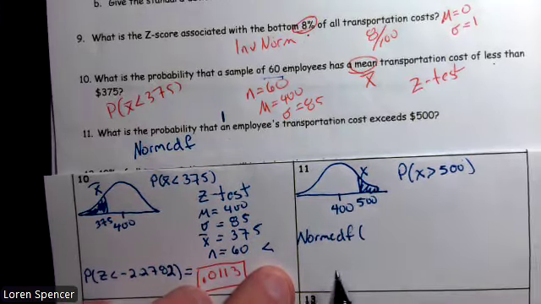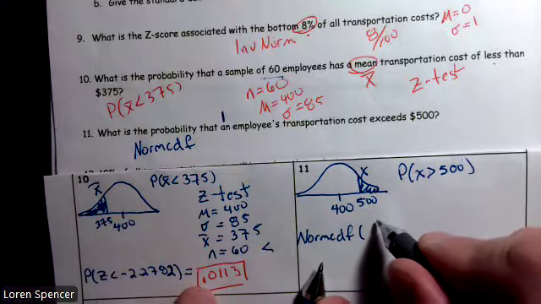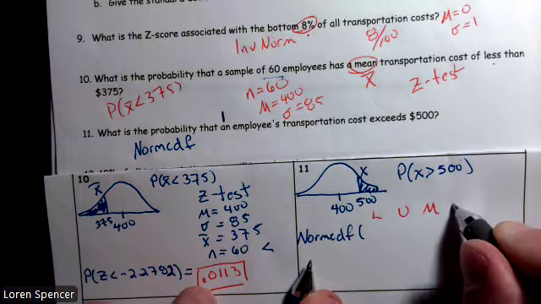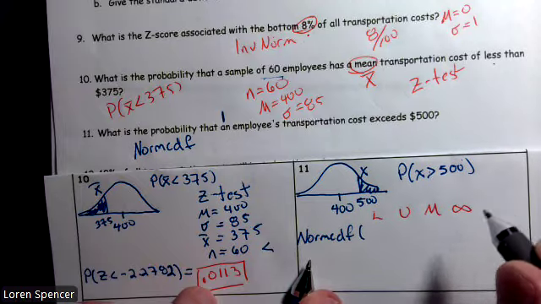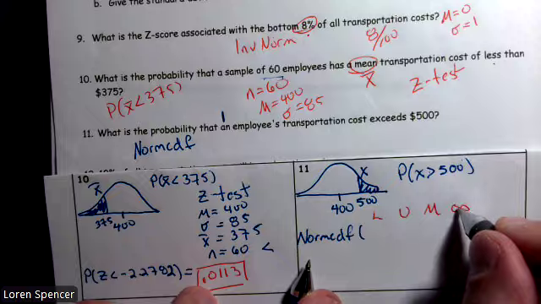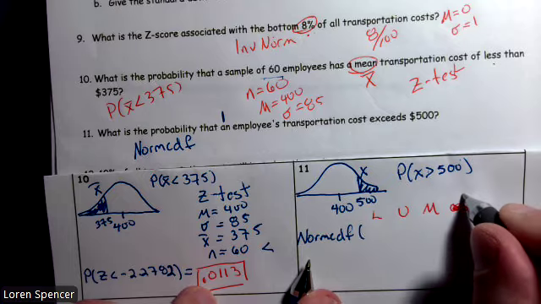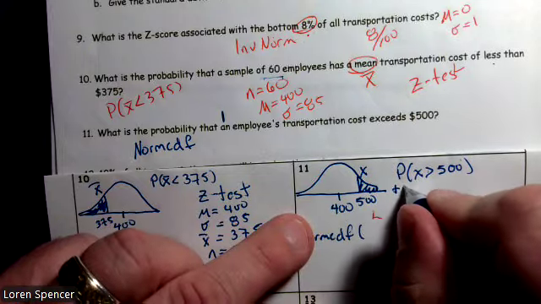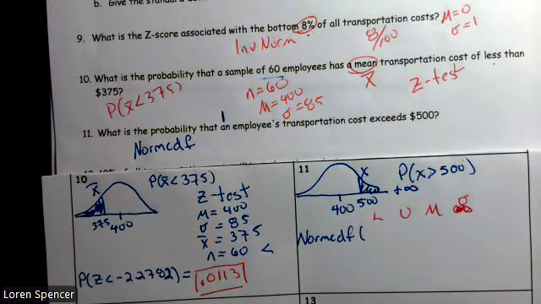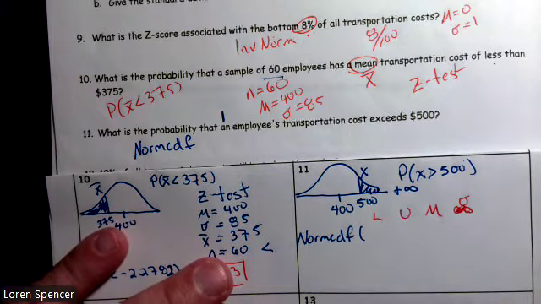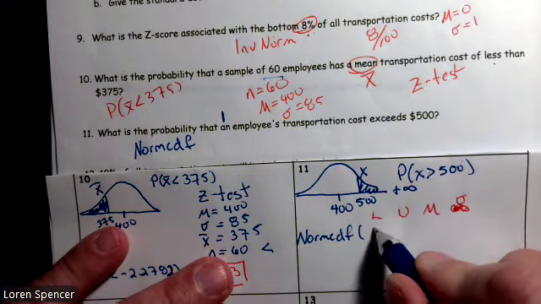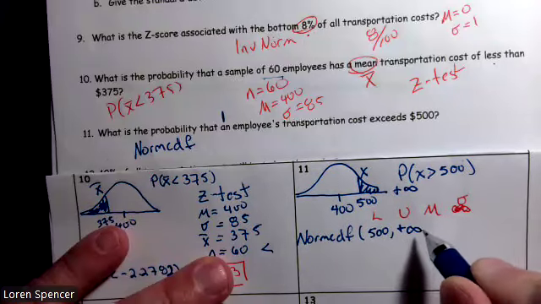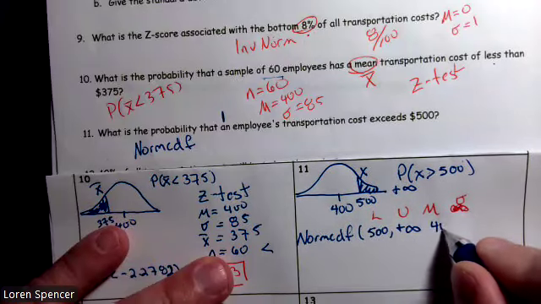Most of you have learned your LUMO by now. Lower, upper, mean, and standard deviation. I was writing infinity because I was thinking I need to write an infinity sign because we're shading up to infinity. So my lower bound is 500. My upper bound is positive infinity. My mean is 400.